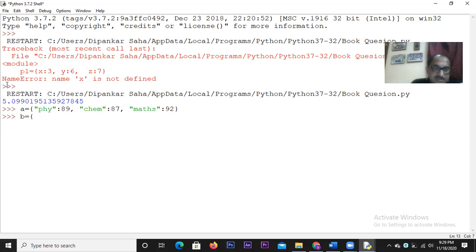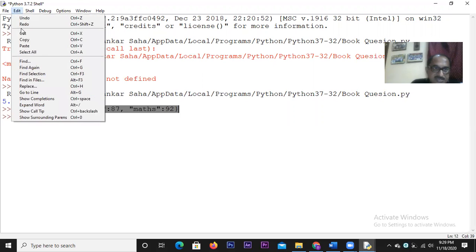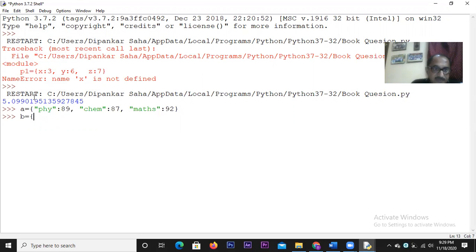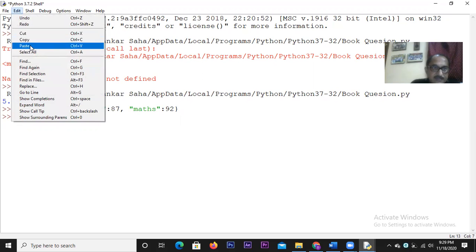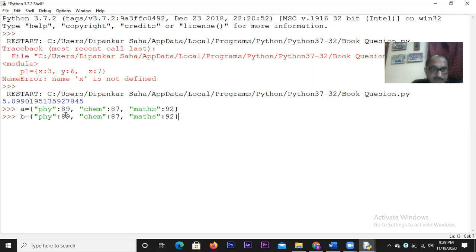B is another student. I have done the similar thing for B as well. But what I have done, I will change the values and we will try to have a nested form this way. Say here the values are 85, 89, and say 91.